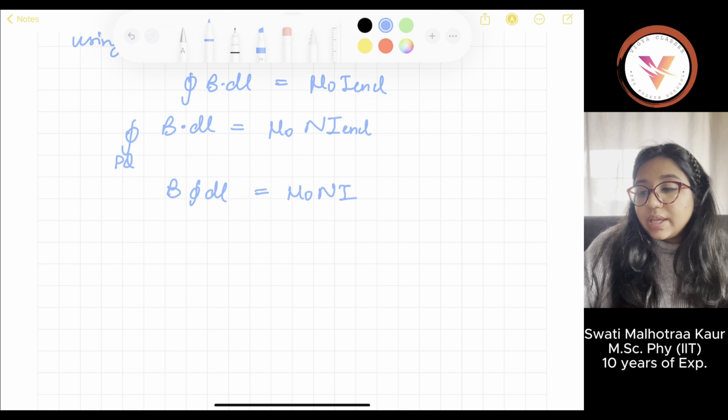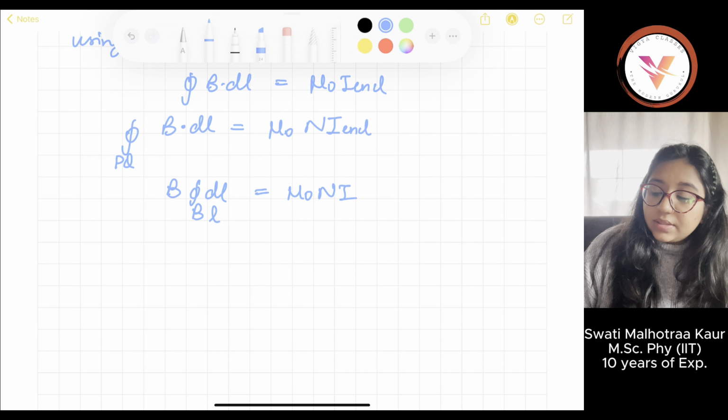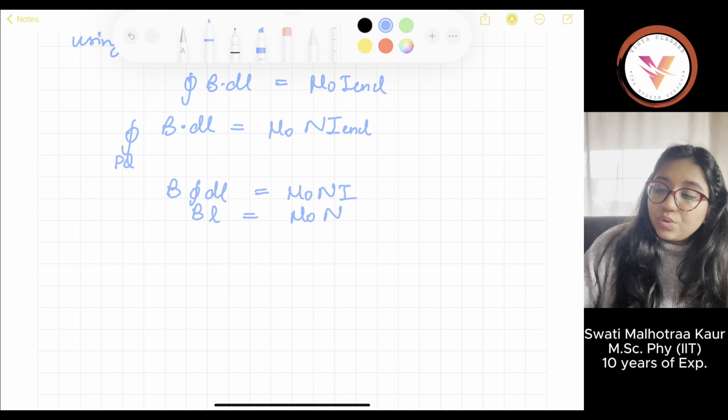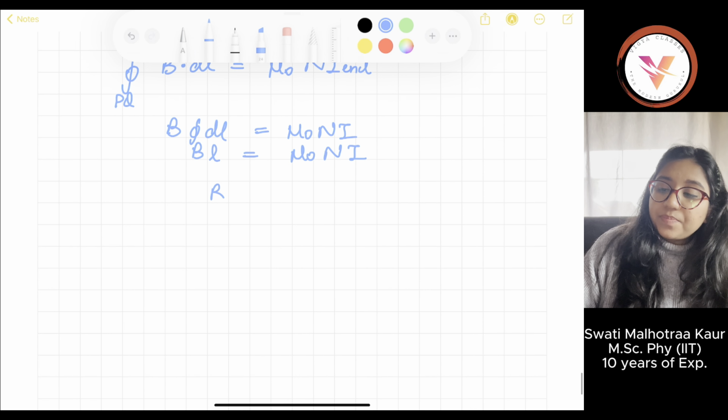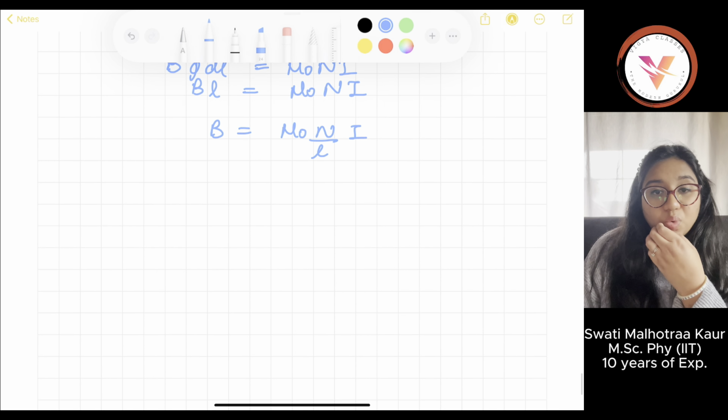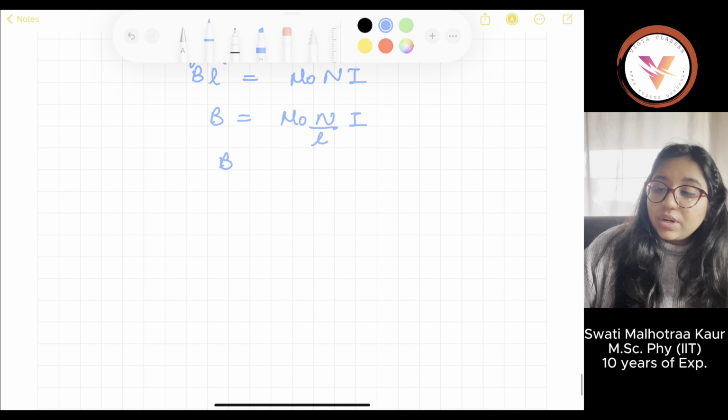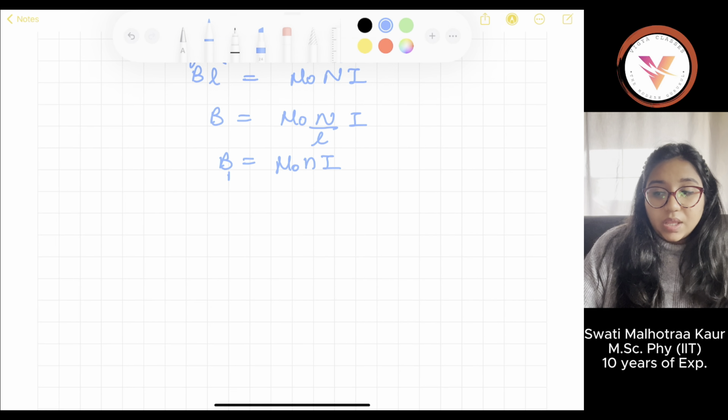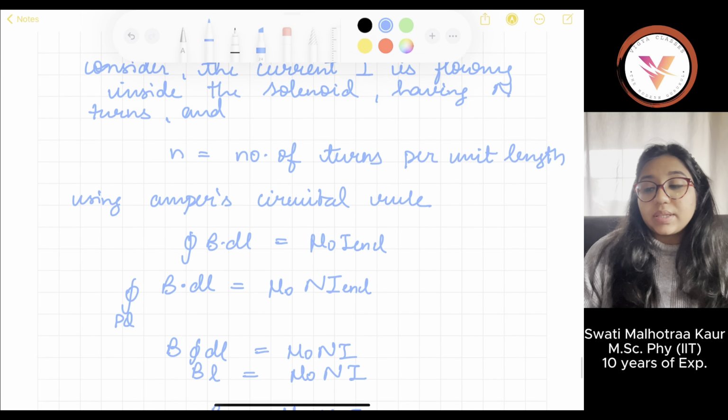So BL is equal to mu naught NI, and then B would be mu naught N by L times I, and N by L is what? Number of turns per unit length, which we have defined as small n. So mu naught nI. This is for PQ length.